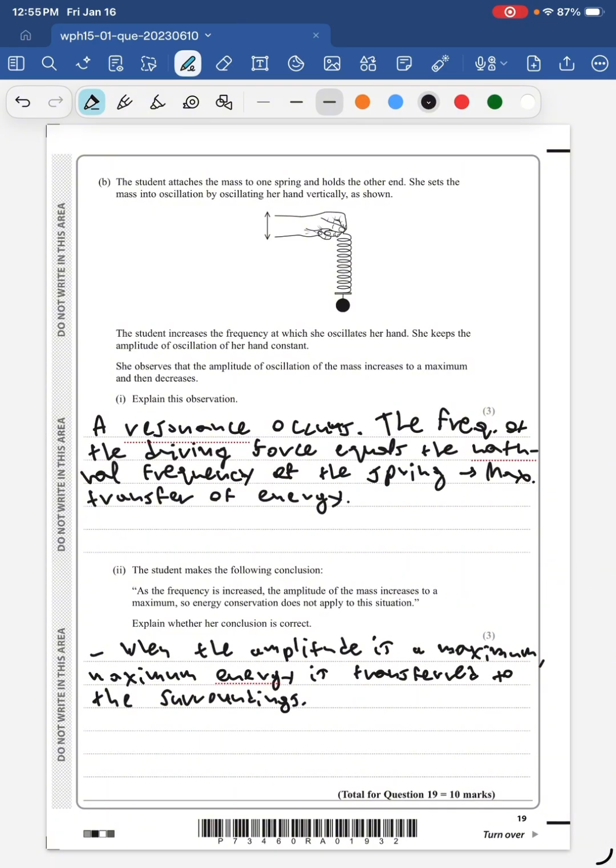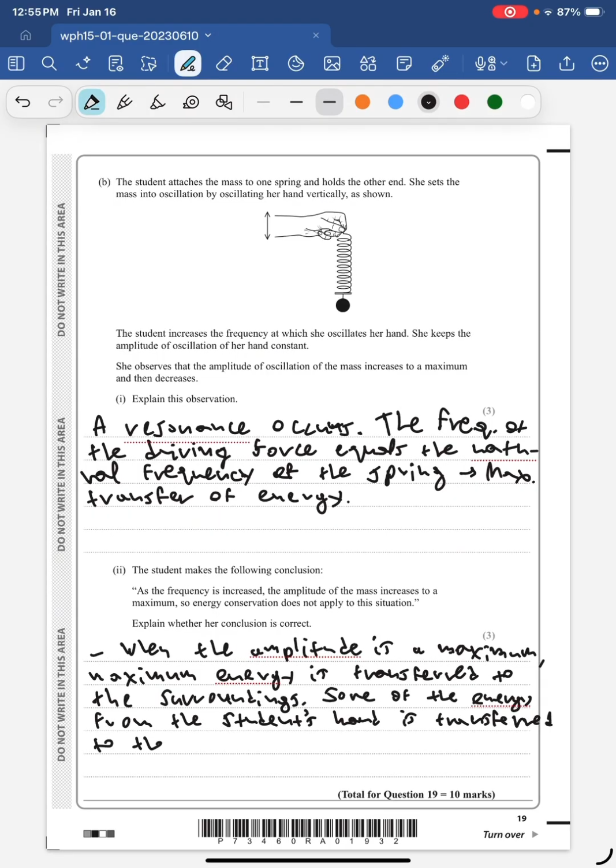Okay, and also some of the energy from the student's hand is transferred to the oscillating mass, but also the surroundings.